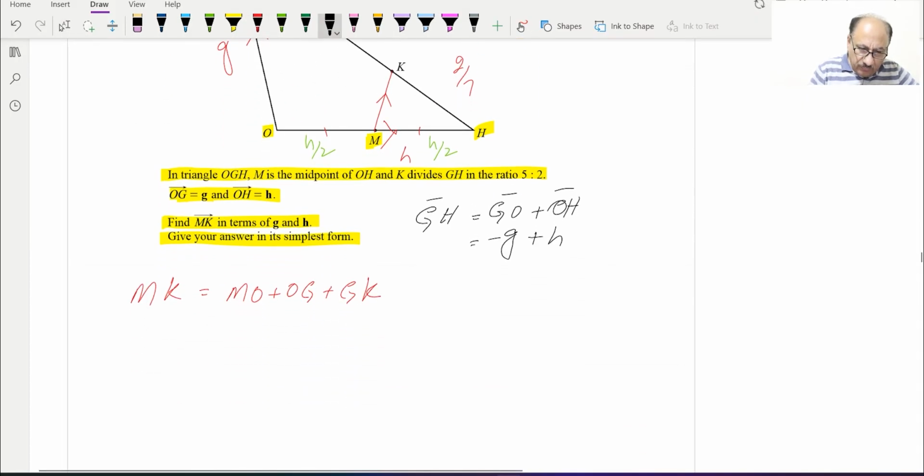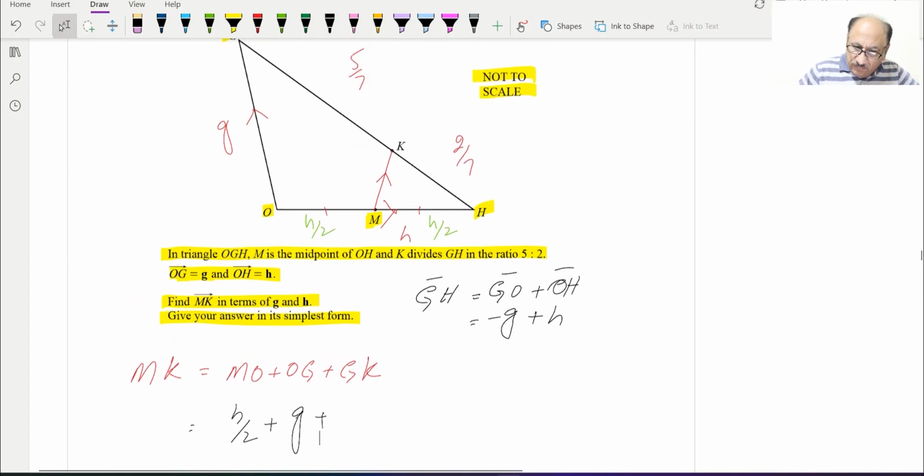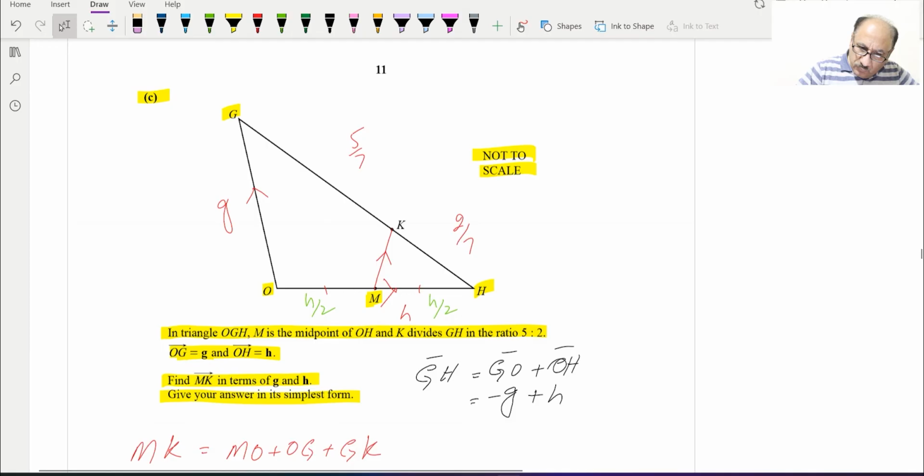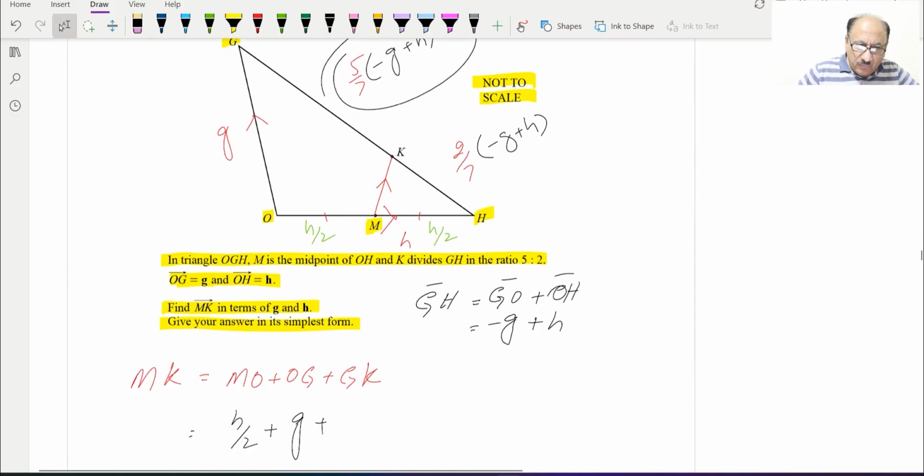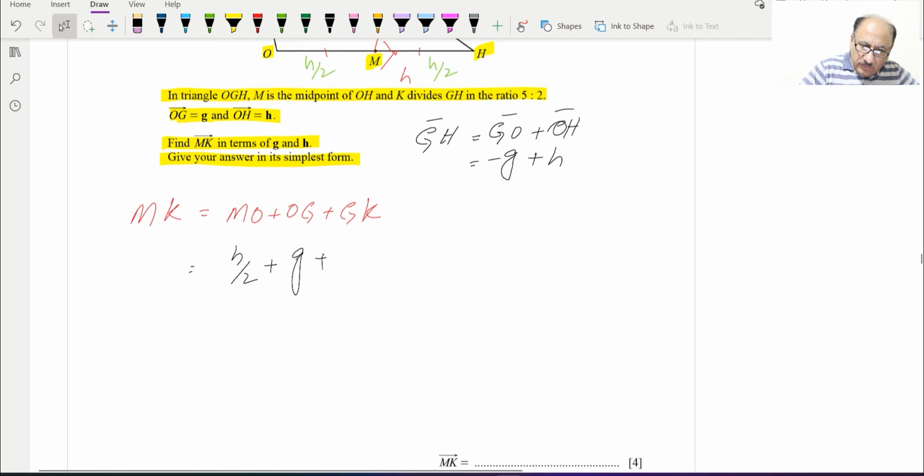MO will be h by 2, plus OG is g, plus GK. GK is 5 by 7 of GH, so we can write minus g plus h. So plus 5 by 7 of minus g plus h, and this is MK, and we can simplify.